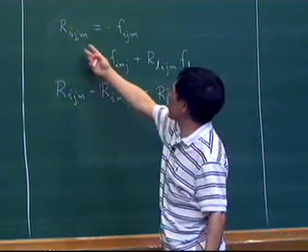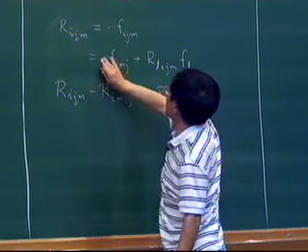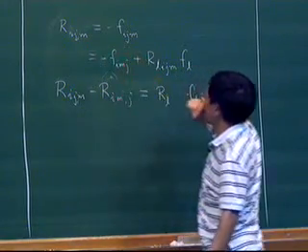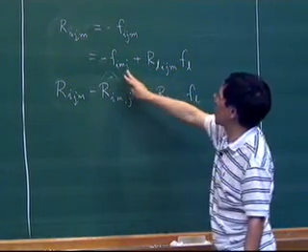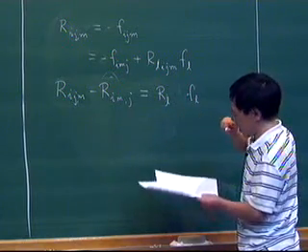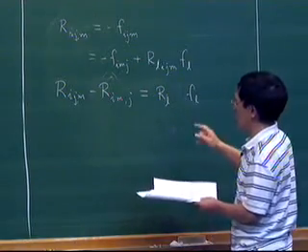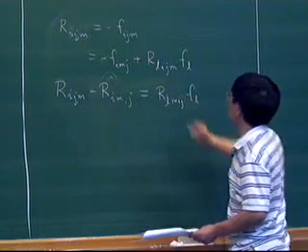I just change this equal this. So this equals to, this is RM, it's RMJK, it's MJK here, it's IJK, MIJ.